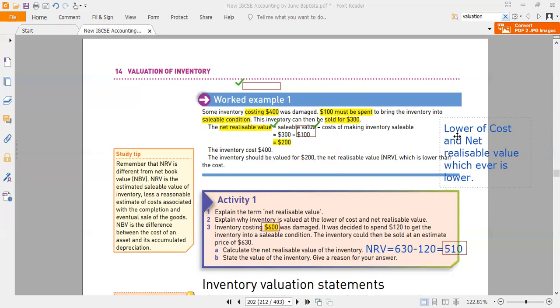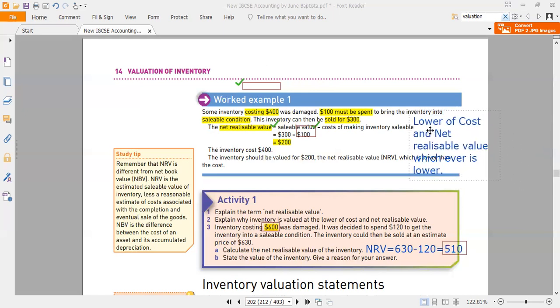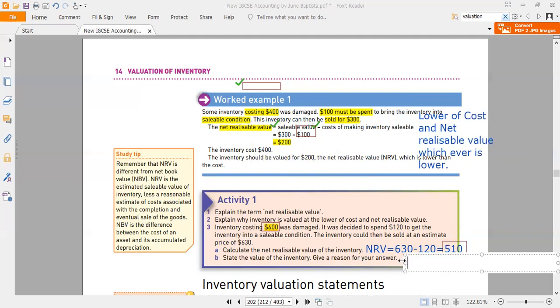510. Very good, Shabash. And again, they are asking you, what is the reason? 510 you will be recording. Good. Why will you record 510?